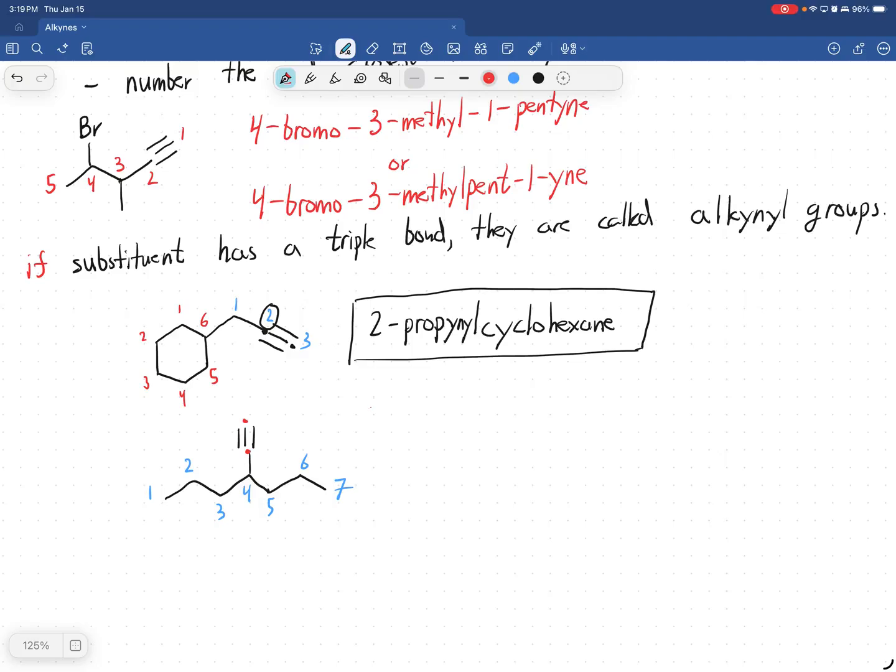All right. So right now at the 4 position, we have an alkynyl group. So 4-alkynyl. And now what's the parent name? Heptane. Yeah. So let's put that in blue.